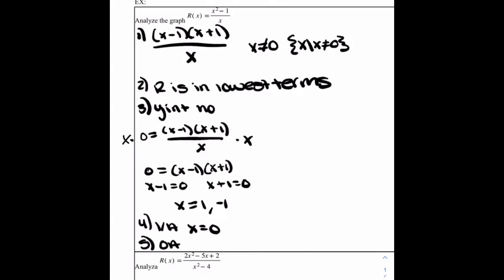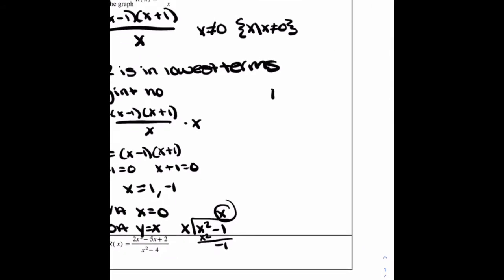So this is an oblique asymptote, and you divide the numerator by the denominator. We're going to take x squared minus 1 and divide it by x. And so we get x, and then minus 1 is just our remainder. So our oblique asymptote is at y equals x.